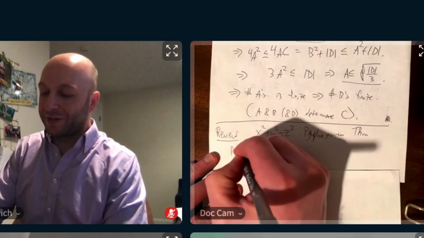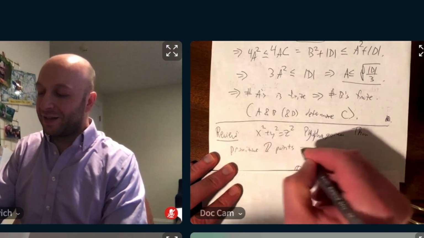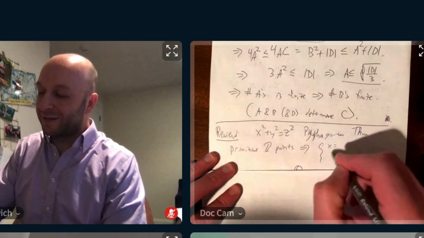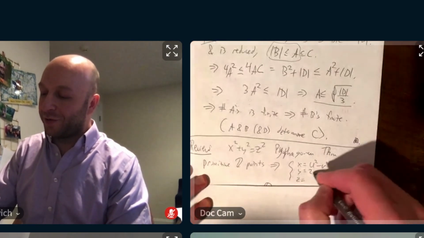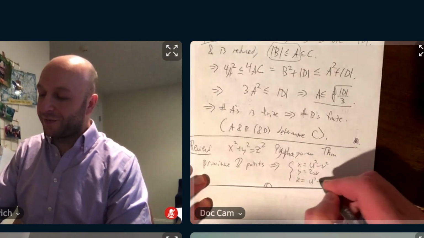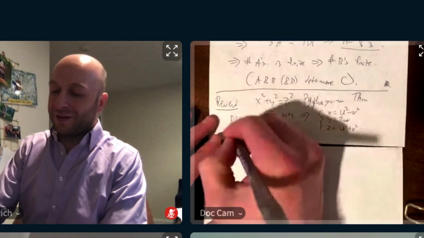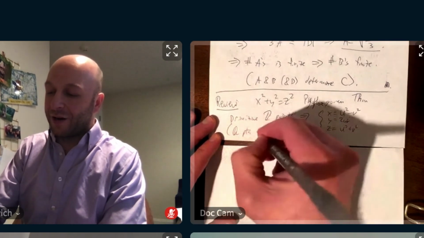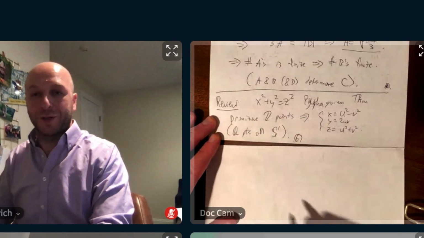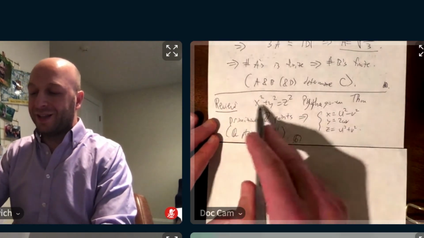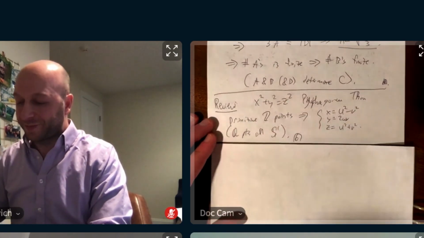Primitive integer points are parametrized by u squared minus v squared, 2uv, and u squared plus v squared. We saw that this also parametrizes rational points, Q points, on the unit circle. If x squared plus y squared equals 1 and x and y are rational, that's equivalent to the Pythagorean theorem by clearing denominators.